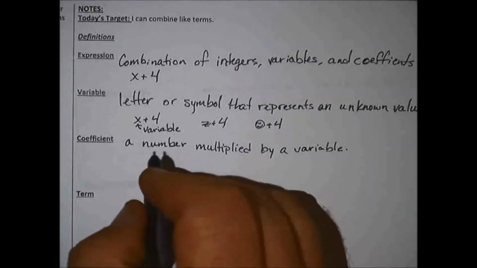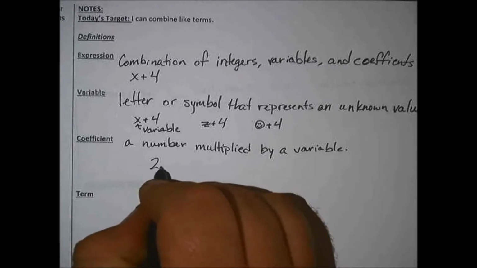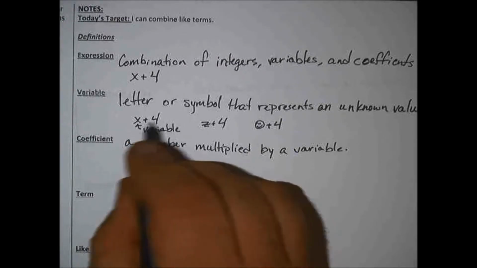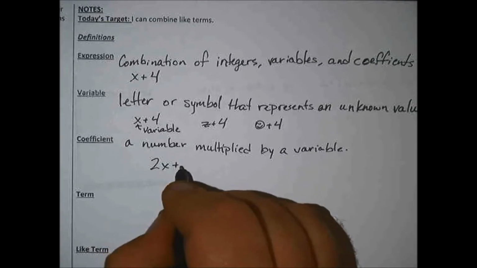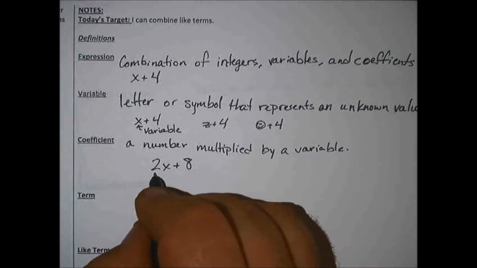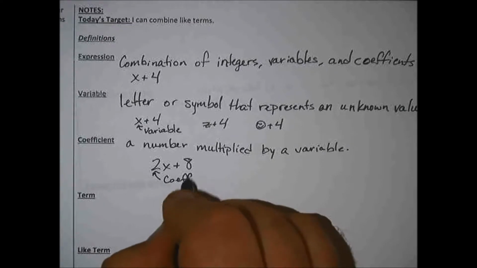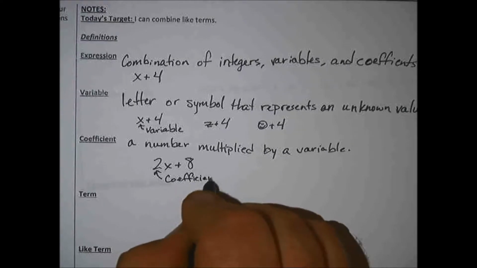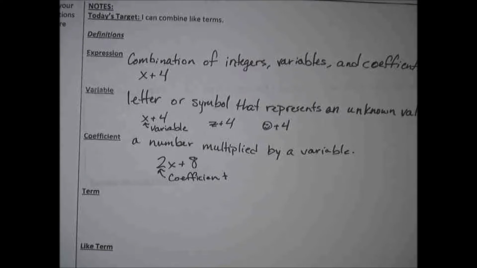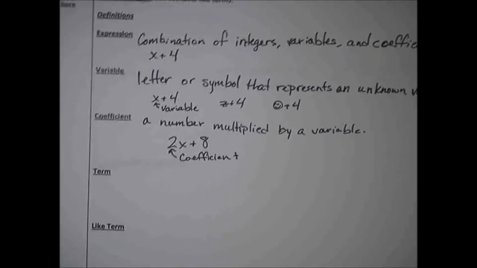If we were looking at something like, maybe we double this whole expression up here, 2x plus 8, this 2 right here is my coefficient. Most of the time, hopefully, we get to see them as whole numbers or integers, but there will be times that it's a fraction or a decimal or something like that.